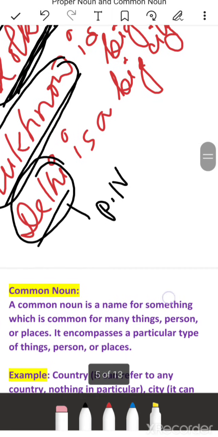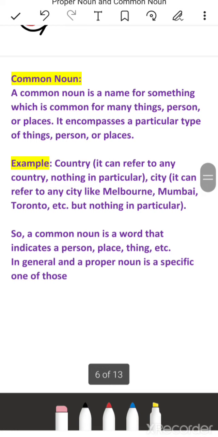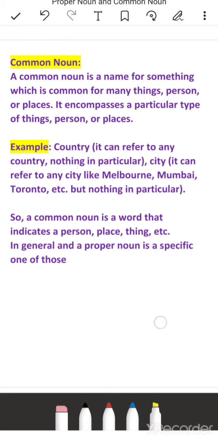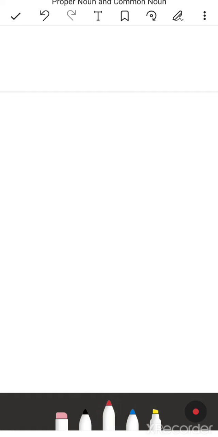It will get clearer if we compare it with the common noun. But first let us understand what a common noun is. A common noun is a name for something which is common for many things. So what is the meaning of common? Common means just the opposite of proper. Proper means the name which cannot be shared by all.